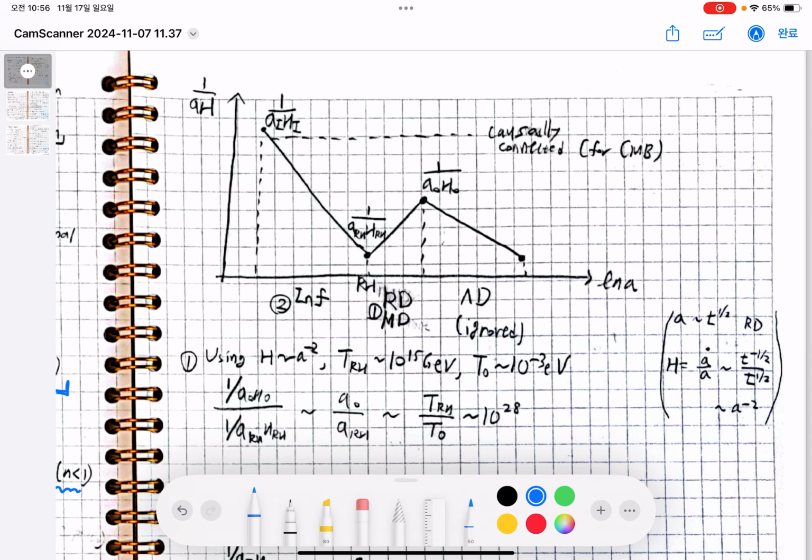So to explain such a horizon problem, we can have the implementation time. This is the evolution of the Hubble radius on the y-axis over ln a. There are three different periods in the cosmic history. First one is the implantation.